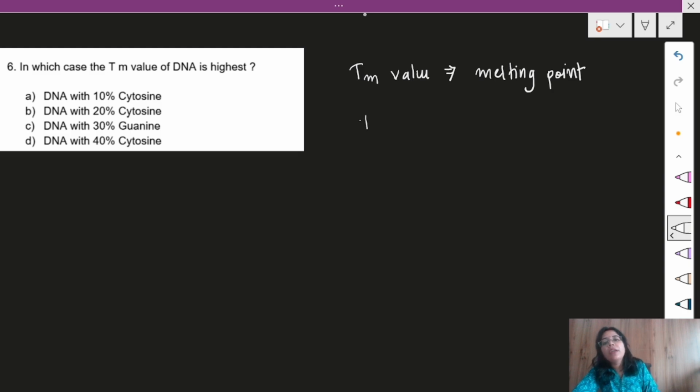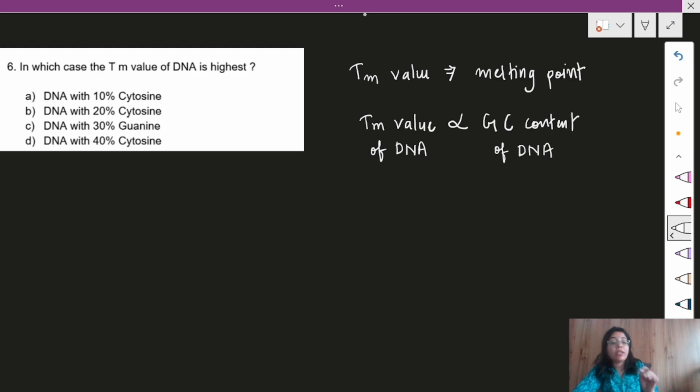In which case will you have the highest Tm value? Always remember, the Tm value of DNA is directly proportional to the GC content of the DNA. It means if you have high GC content, you will have a very high Tm value. Why?